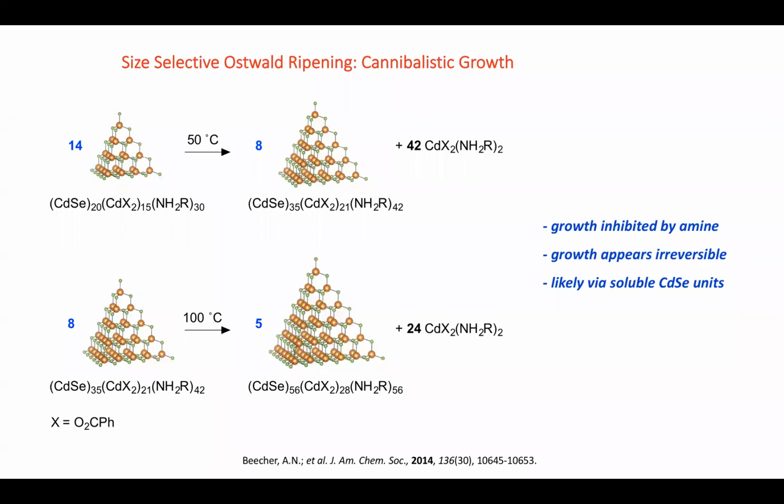And in the process, you liberate 42 equivalents of cadmium benzoate. Okay. So how does that happen? Any guesses?